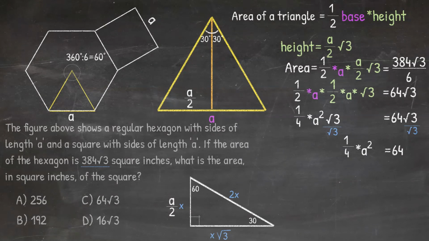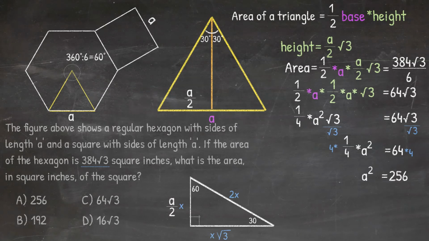At this point, to isolate a squared, we need to reverse the impact of 1/4. The best way to do it is to multiply by 4, because once 1/4 is multiplied by 4, we get 1, and 1 times a squared is a squared. And that equals 64 times 4, because the operation of multiplying by 4 should be repeated on both sides of the equal sign.